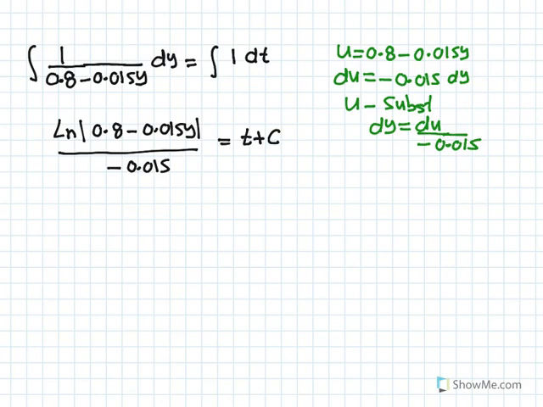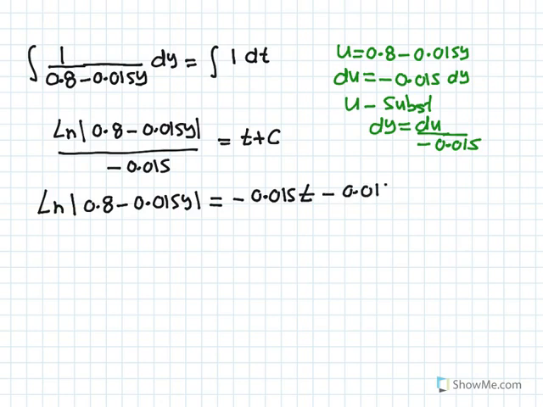Now let's cross-multiply so we can isolate the log function. So we have log of 0.8 minus 0.015y is equal to minus 0.015t minus 0.015c. Now exponentiate both sides so we can get rid of the log function.